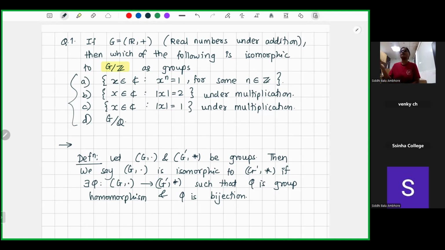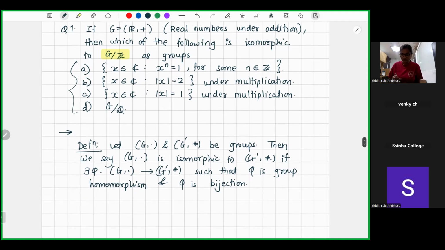If it's not, then we have to give a valid reason so that we can say this is not an isomorphism. Or if we say it is isomorphic to any of these sets, then we have to give a proper group homomorphism such that this holds. So let us start with the first one.